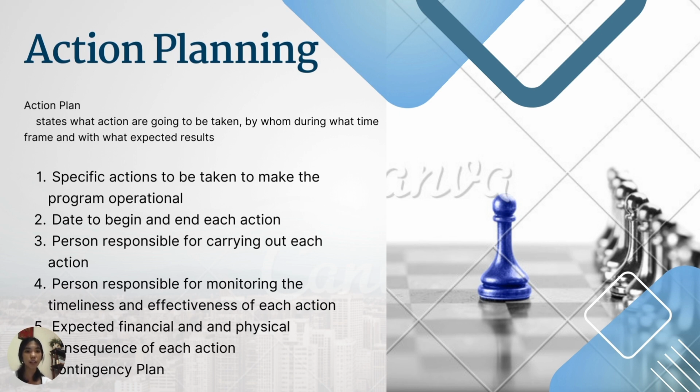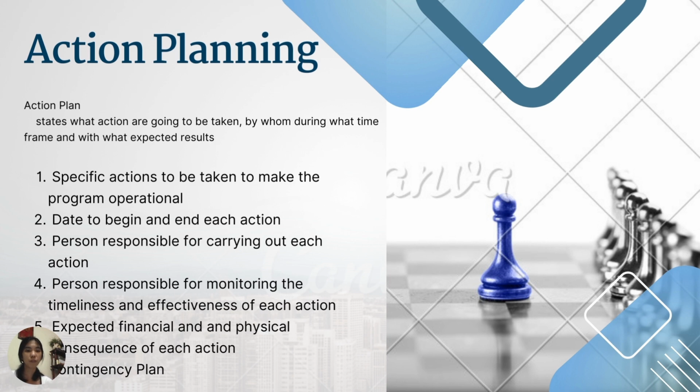Date to begin and end each action. Kailangan may limit kung kailan magsisimula at kailan matatapos yung isang strategy or kung ano yung date na need na ma-reach agad para maging successful agad yung strategy.